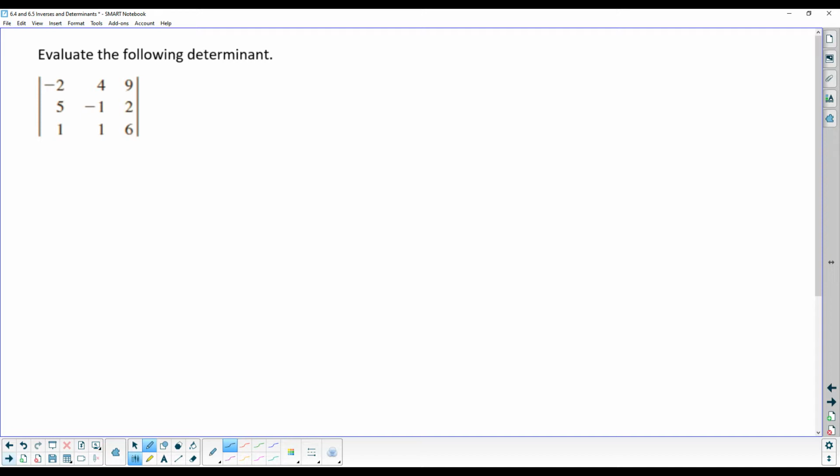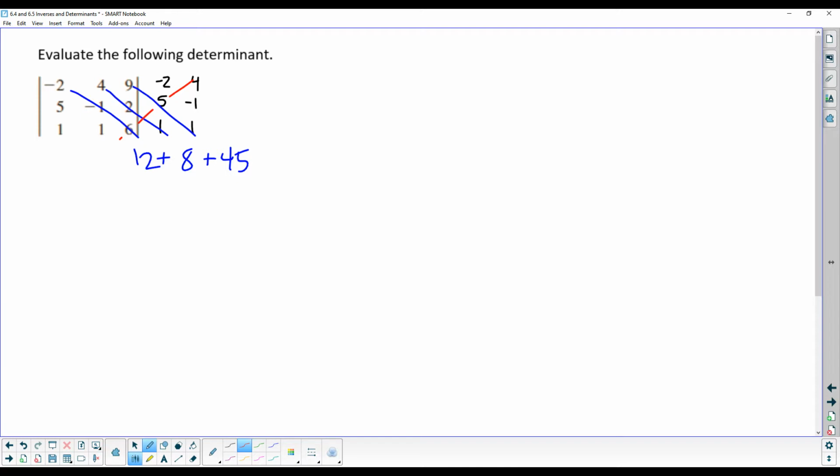All right, so you repeat 2 of the columns in the same order that they appear in the original matrix. You do your forward diagonals. And you subtract the backwards diagonals.